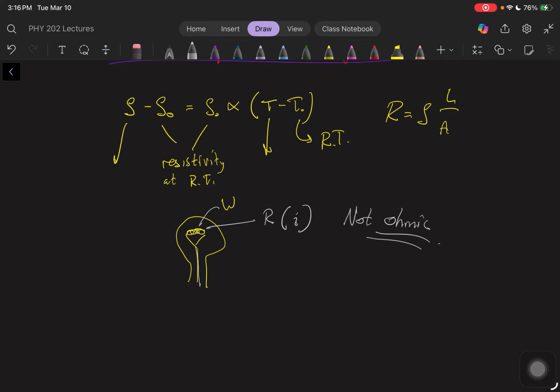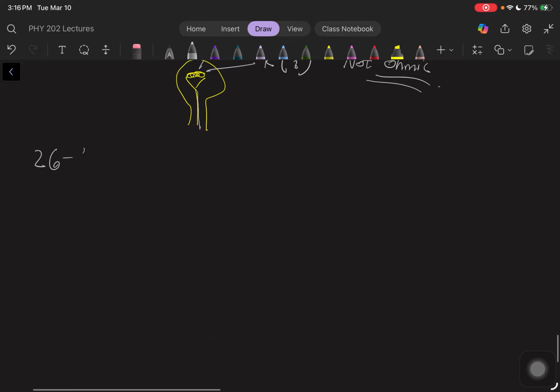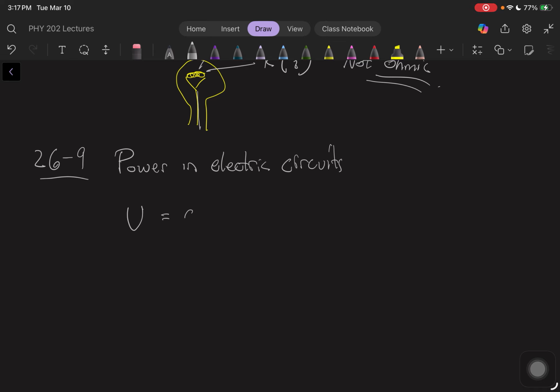And I think we can probably, oh, no, let's go to 26.9, Power in electric circuits. And let's see. So we had said that U is equal to QV. If we take an infinitesimal, we could say dU is equal to dq times V, if a battery just has a known potential.